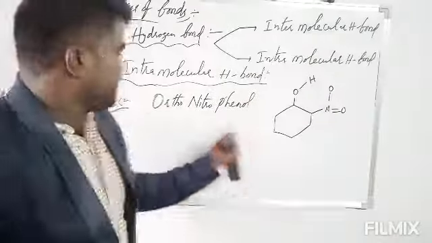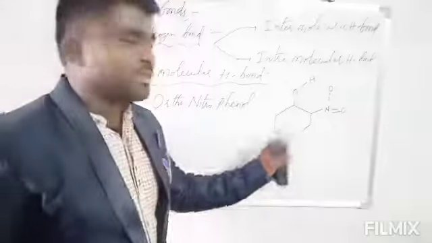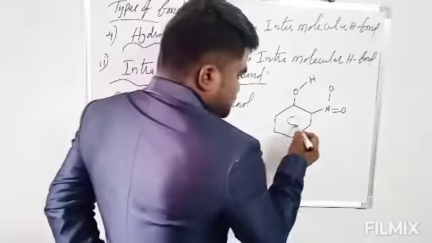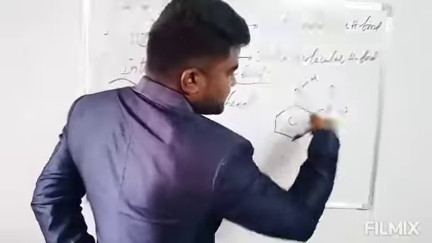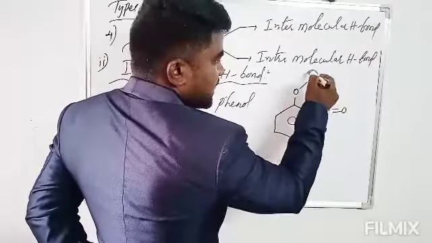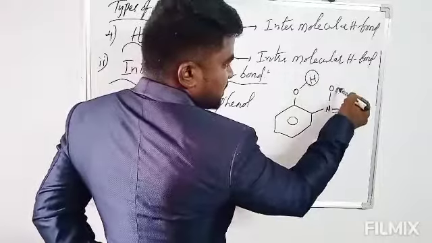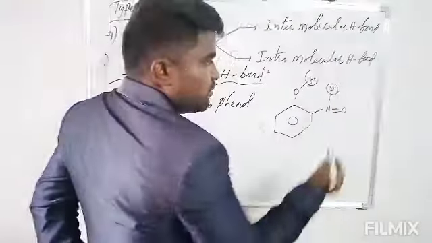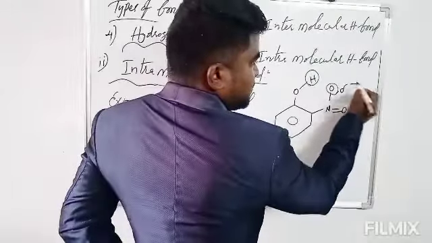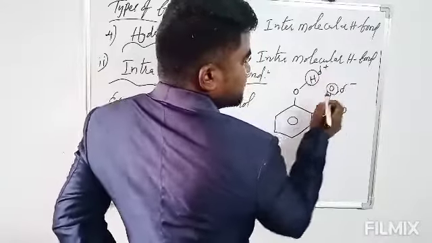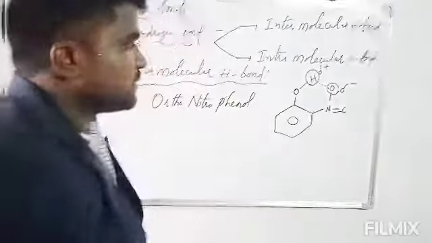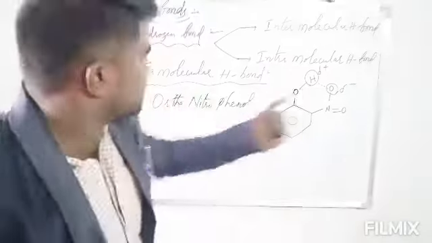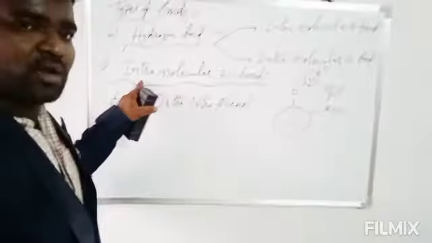This is the structure of orthonitrophenol. This is one molecule. In this molecule, hydrogen is there and a highly electronegative oxygen is also there. So this is slightly negative and this is slightly positive. So the bond is going to form between them. This type of bond is known as an intramolecular hydrogen bond.